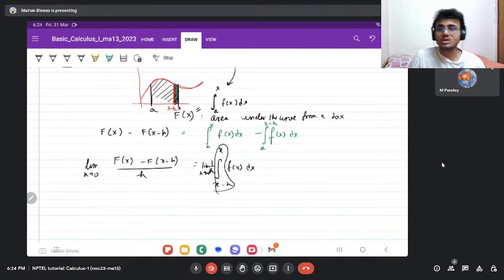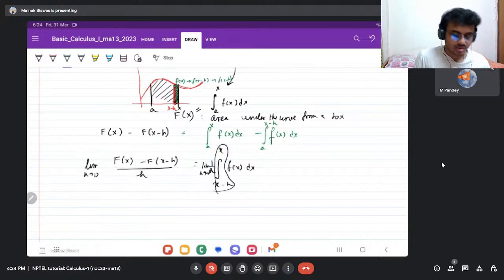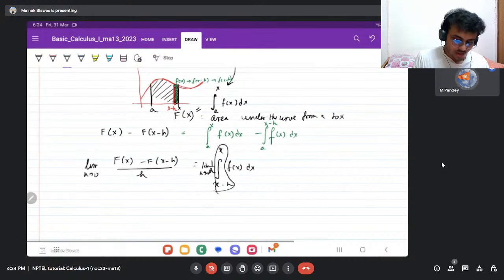At a very close, infinitesimal linear space, f of x minus h will tend to f of x plus h, for a continuous function. Yes, sir. So this is a constant over h.